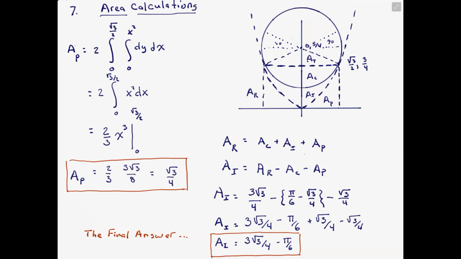And so the area from the x-axis up to the parabola is given as the square root of 3 on 4. So now all we have to do is take the difference. We have everything there.